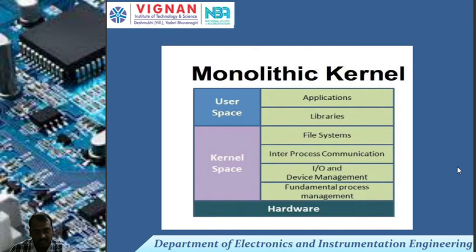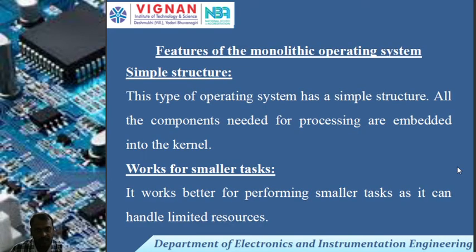Next are the features of the monolithic operating system. Simple architecture: this type of operating system has a simple architecture. All the components needed for processing are embedded into the kernel.